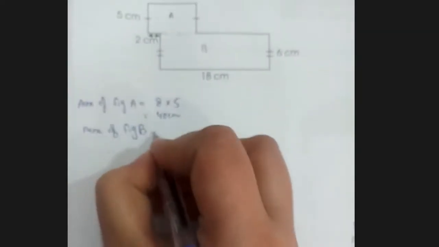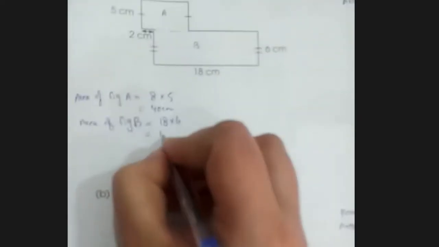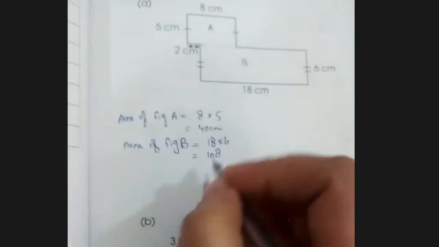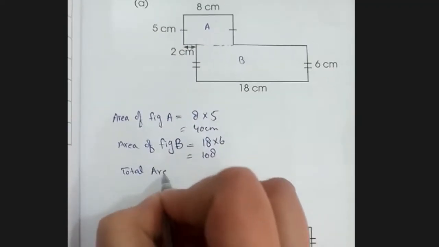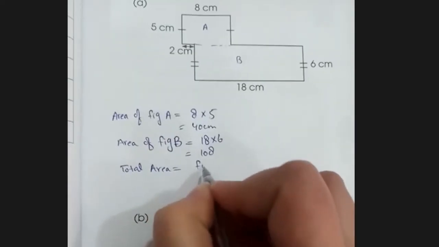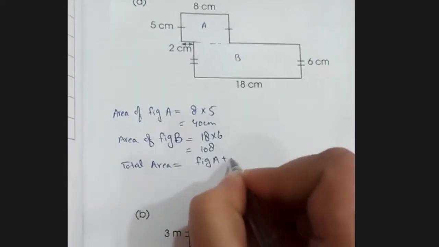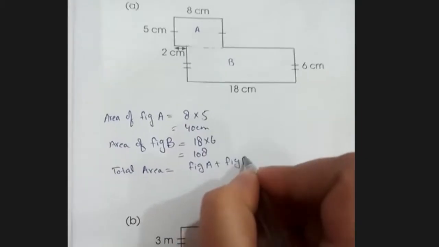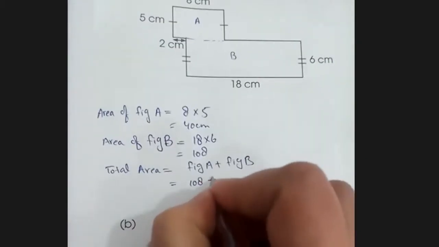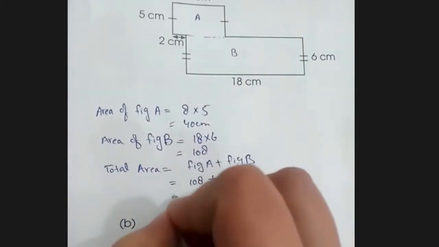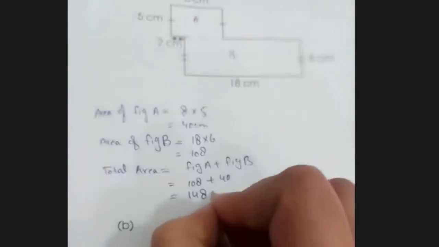Figure B is equals to 18 multiplied by 6, that is equals to 108. So we have to find the total area. Total area is equals to figure A plus figure B. 108 plus 40 is equals to 148 centimeter square is the area.